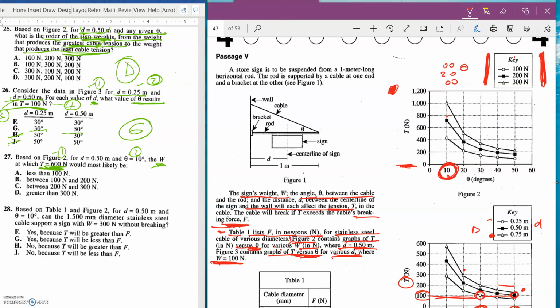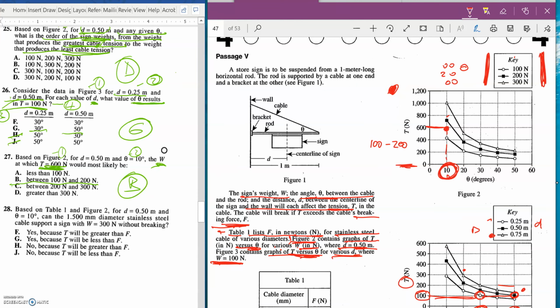So at 10, and then we need to go to 600, and that's here. So it's between the white circle and the black square. The white circle is 100 and the black square is 200. So it's between 100 and 200, and that is answer choice B.